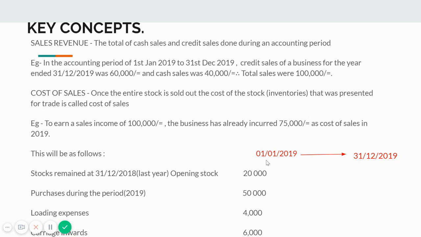So when it starts on 1st January 2019, a business which has a continued existence can have some stocks which have remained from the previous accounting period.